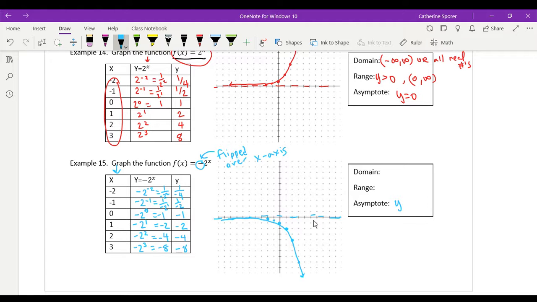So the asymptote is still y equals 0, but the range is now y less than 0, or as an interval -infinity, 0. So the range just flips just like the graph does. The domain is still -infinity to infinity or all real numbers.